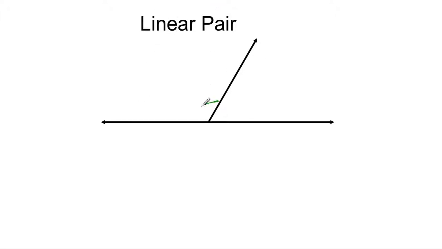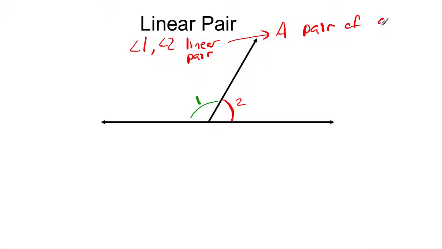So here if I have this angle, so I call that angle 1, and then I have this angle, which I can call angle 2. Angle 1 and angle 2 are a linear pair because they are a pair of angles that make a line.